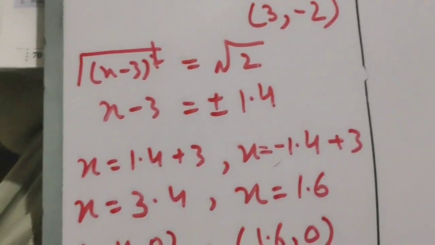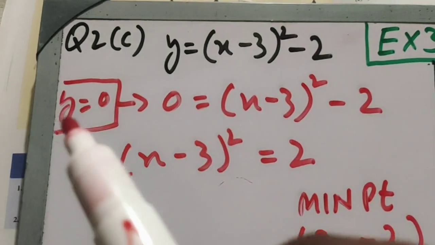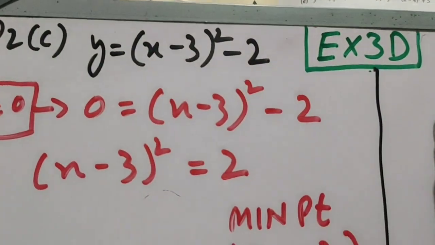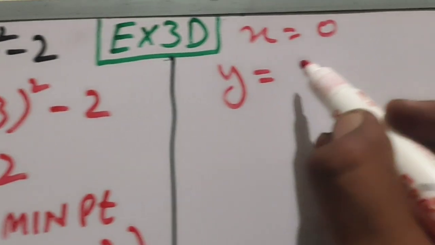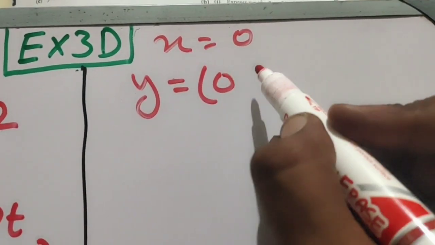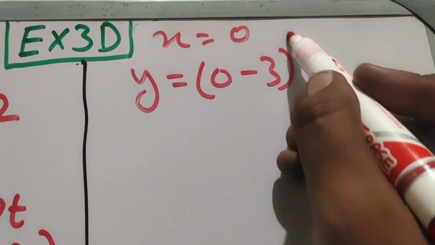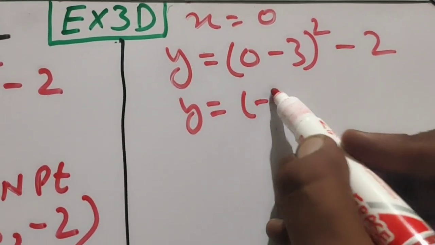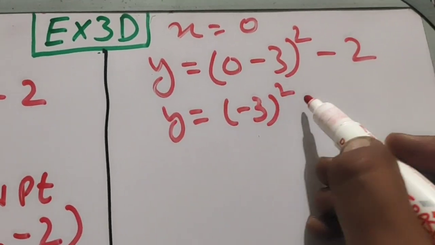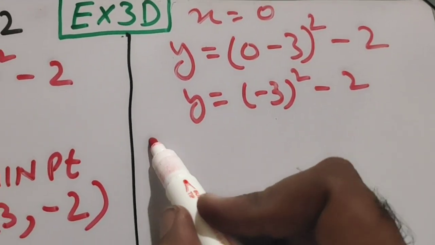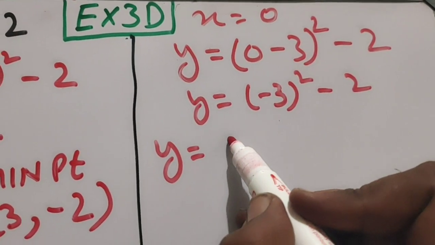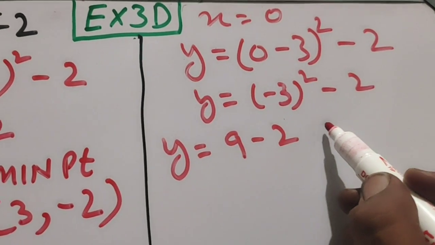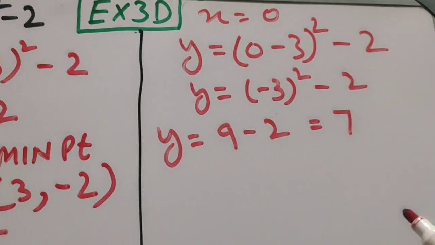Now we have taken y is equal to 0. Now we will take x is equal to 0. The function is the same: y is equal to, putting 0 in place of x, (0 minus 3) whole square minus 2. Y is equal to minus 3 square minus 2, so y is equal to 9 minus 2, which is 7.